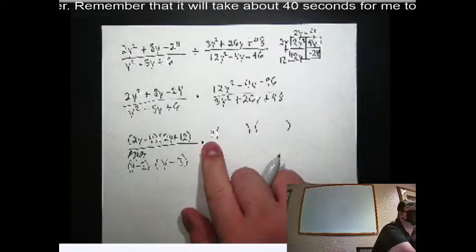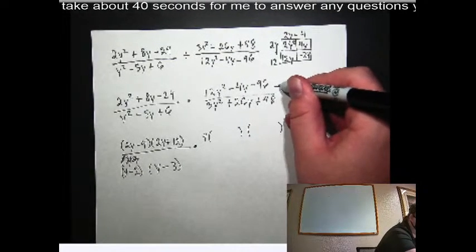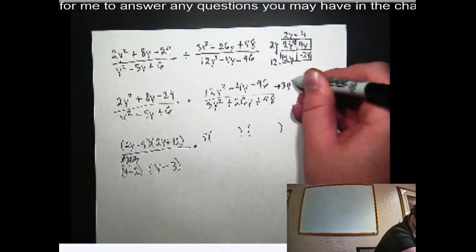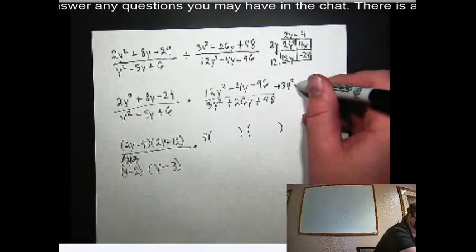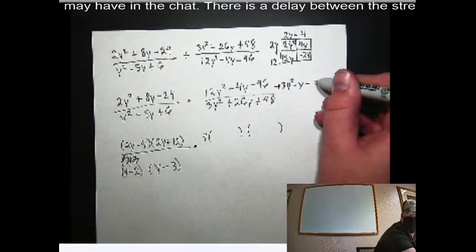Okay, so we can take that 4 out. Now what we'll be left with is, let's see, 3y squared minus y minus 24.